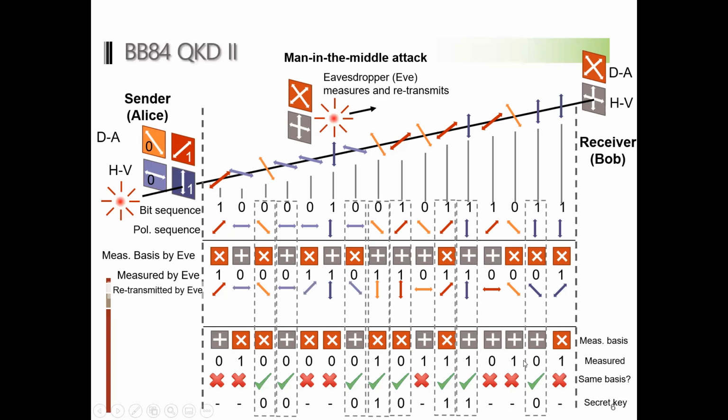In this case, this is the secret key from Bob, and 111100 is the secret key from Alice.